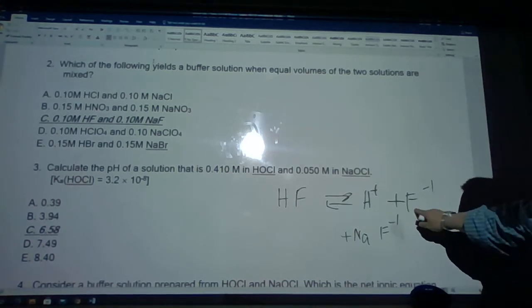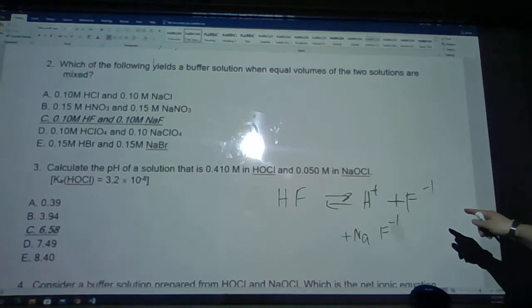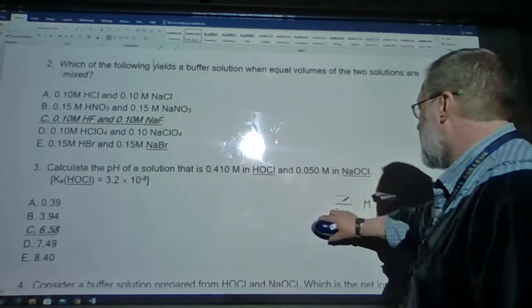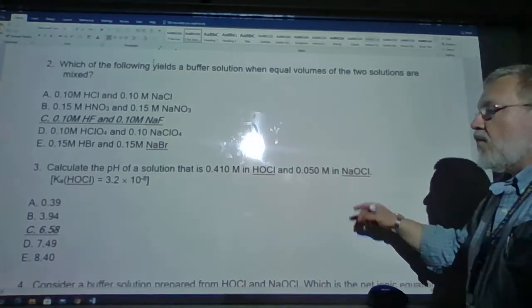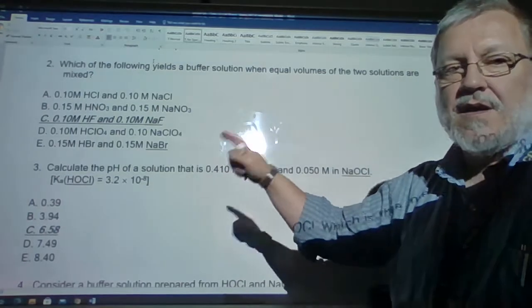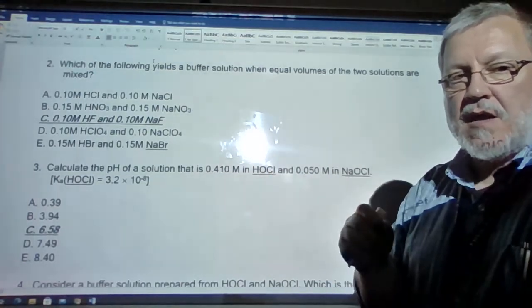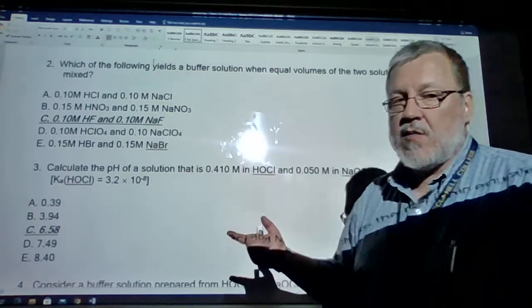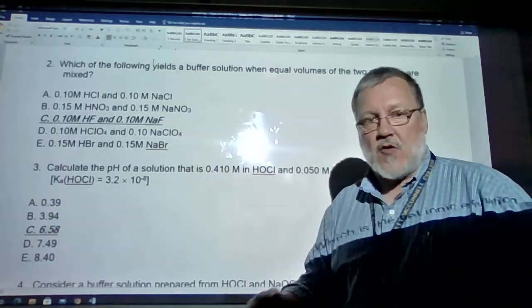Yeah, we do, F-. So this will set up an equilibrium system. So the only mixture here that can be a buffer is answer C. Buffers are formed by a combination of the weak acid and a common anion salt. It doesn't necessarily always have to be sodium, but many times it is the sodium salt.